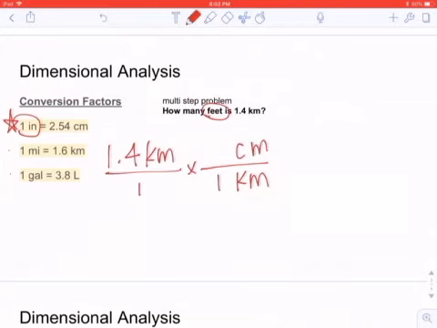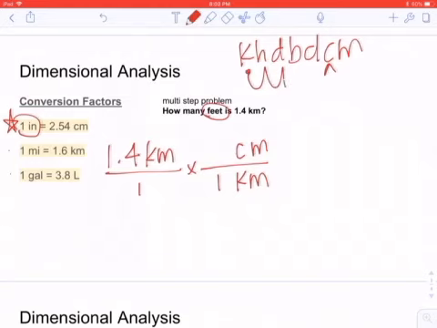I know that there are, so if I use King Henry died by drinking chocolate milk, I want to go from kilometers to centimeters. 1, 2, 3, 4, 5. So I know that there are 100,000 centimeters in 1 kilometer.